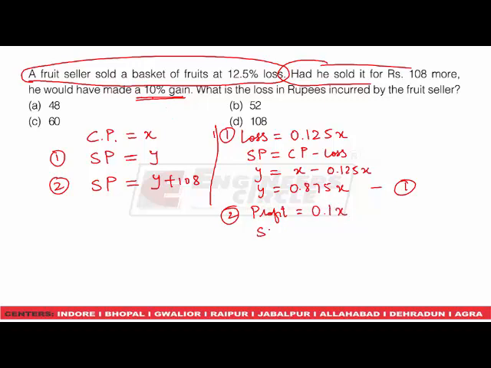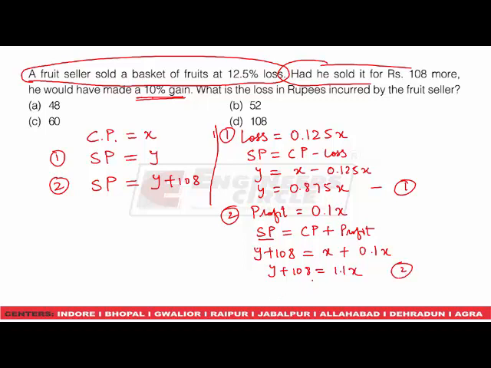And since there is a profit, selling price will be equal to cost price plus profit. And for the second scenario, the selling price is Y plus 108, which is equal to cost price X plus profit 0.1 X. So here we are getting second equation, Y plus 108 equal to 1.1 X. So two equations, two variables.